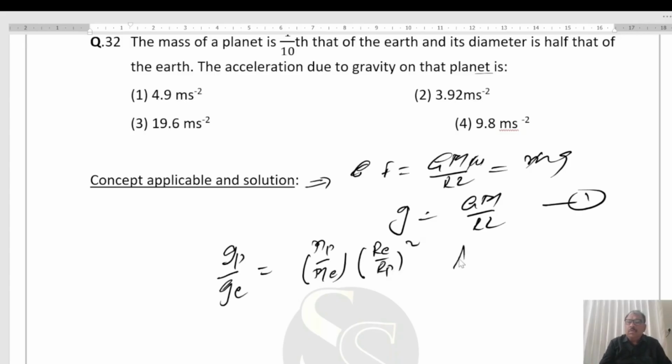Now, according to the question, mass of planet is 1/10 the mass of Earth and radius of planet is 1/2 the radius of Earth.